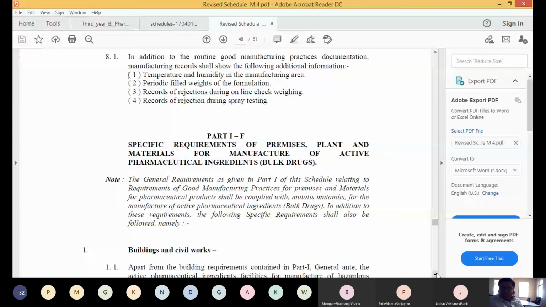Then Part 1F, the specific requirements for premises of plant and materials for manufacture of active pharmaceutical ingredients, bulk drugs. So API, or active pharmaceutical ingredient, or bulk drug is there. For example, the raw material consisting of bulk drug. Suppose we are manufacturing paracetamol tablets.